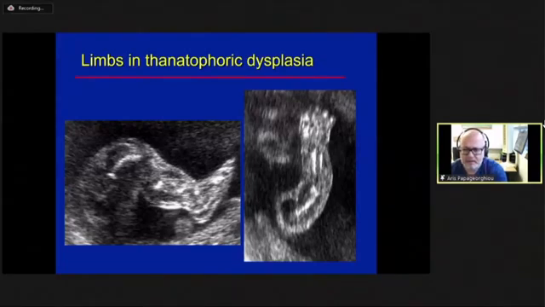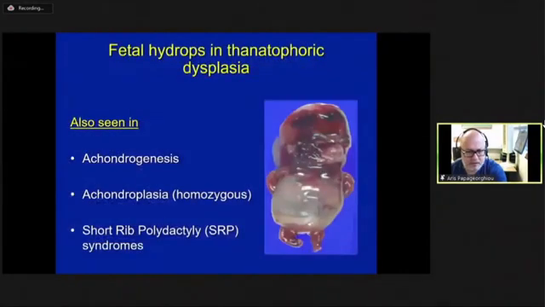You can see that the bones are all universally very, very small, and you have this redundant soft tissue that surrounds the baby, and the redundant soft tissue also tips into fetal hydrops, which you can see in thanatophoric dysplasia, as you can see it also in a number of other conditions, such as achondrogenesis, achondroplasia when it is homozygous, and the short rib polydactyly syndromes, which we'll look at in a little bit.